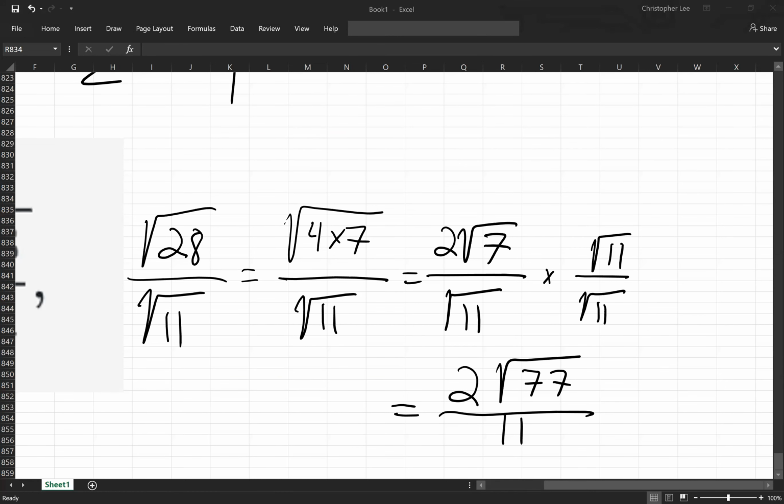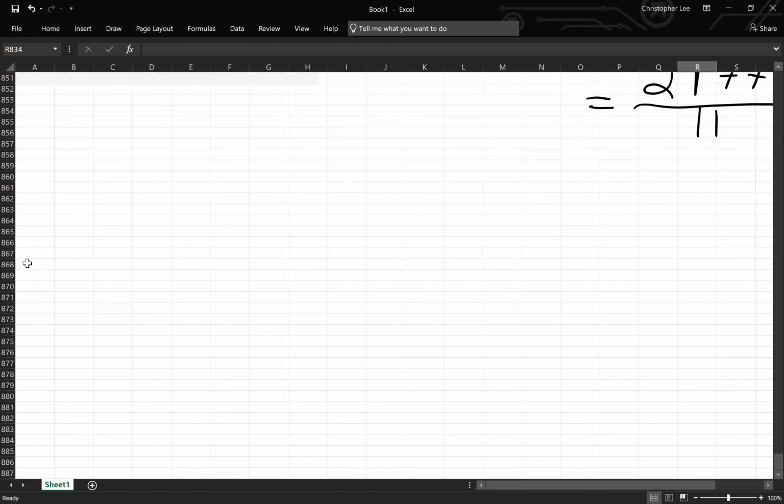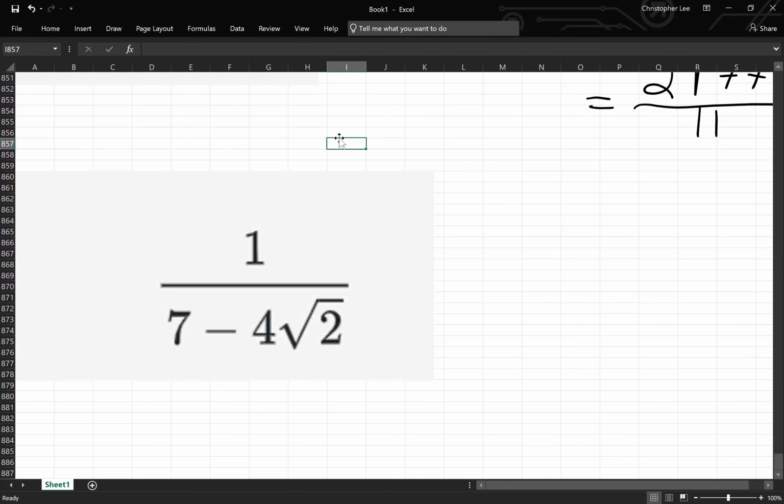So this next question is asking you to rationalize its denominator. So now, what do I multiply this by? Conjugate, very good, right? And what is the conjugate? 7 plus 4 square root 2. Very good. So times 7 plus 4 square root 2, and what you do to the bottom, you do to the top.